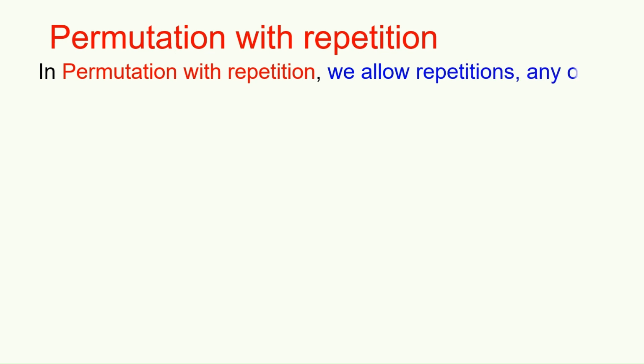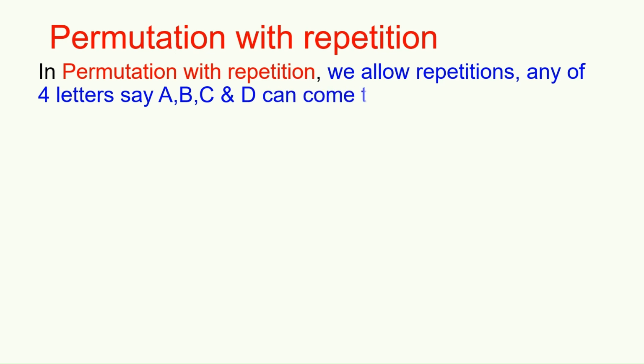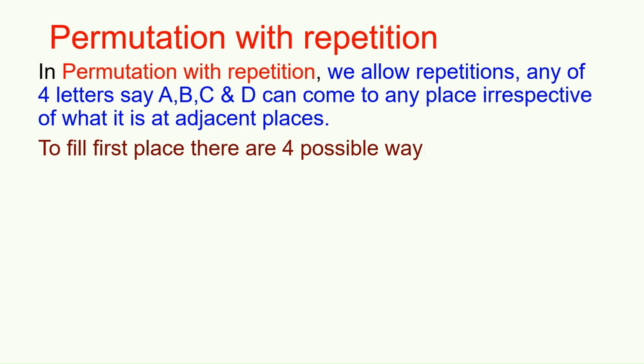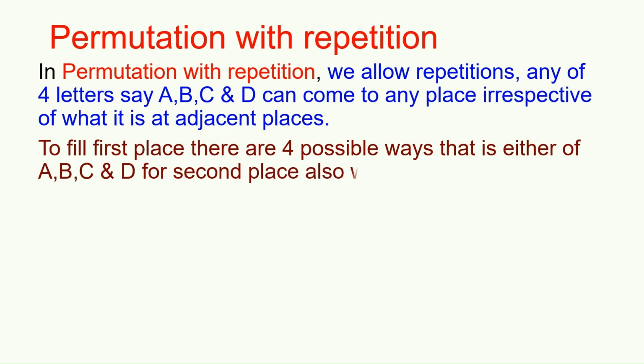In permutation with repetition, we allow repetitions. So any of 4 letters, say A, B, C, and D, can come to any place, irrespective of what is at adjacent places. To fill the first place, there are 4 possible ways, that is either of A, B, C, and D. For the second place also, we have 4 possible ways.